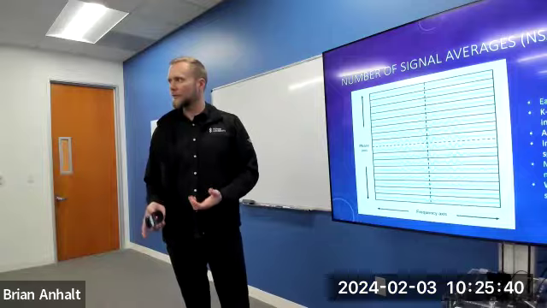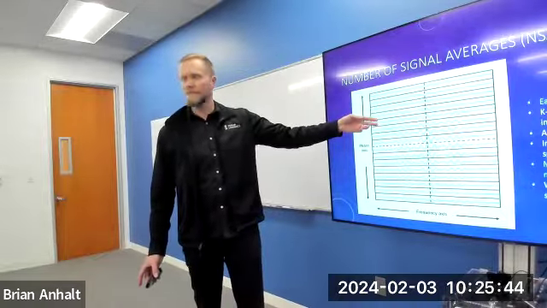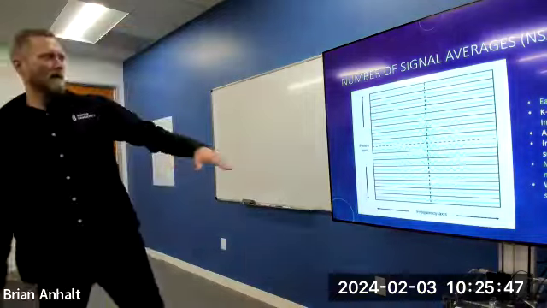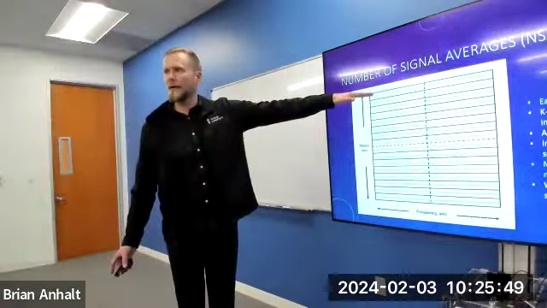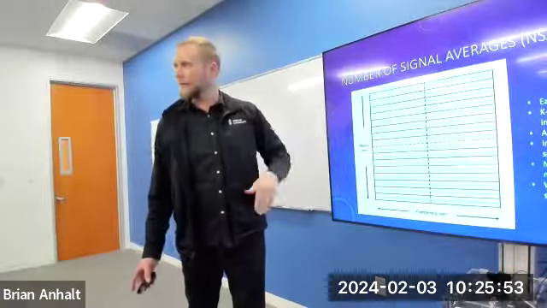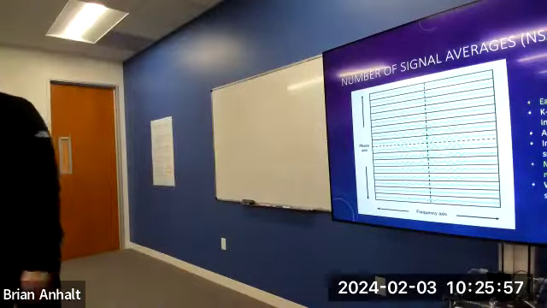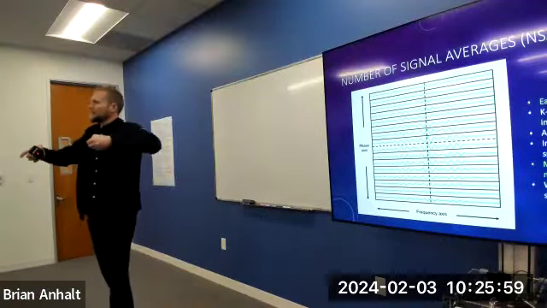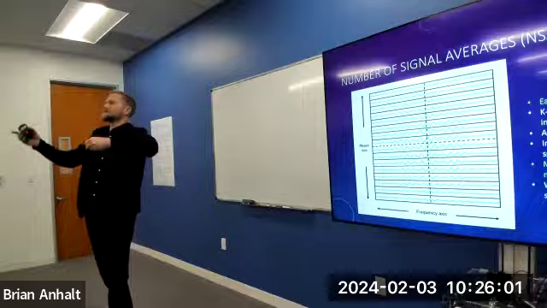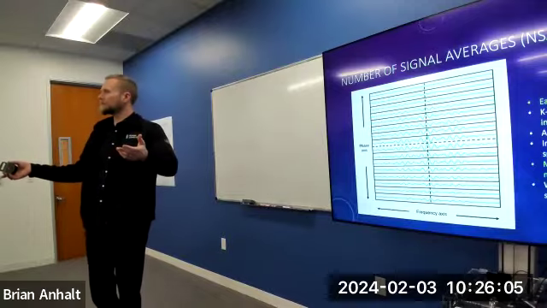And NEX controls how many times we fill each one of these lines. A NEX of one means we fill each line with one echo. A NEX of two means we go back and fill each line with a second echo. NEX of three, three echoes per line, and so on and so forth. And they get averaged together because each echo contains noise and signal, and it gives us overall better SNR.